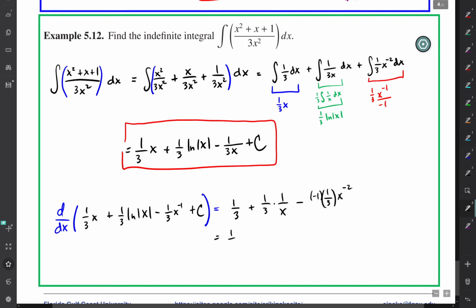And that is 1/3 plus 1 over 3x plus 1 over 3x squared, which is precisely what I had, not in the very first step, but in the second step here. So these things are equal, and so I know that I took the integral correctly, and that's all there is to it.